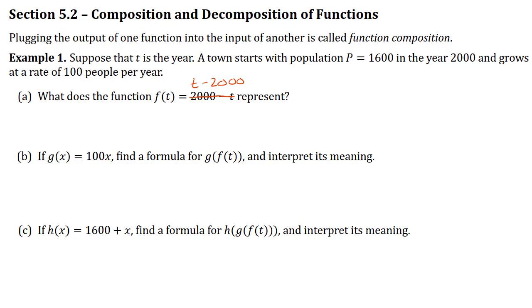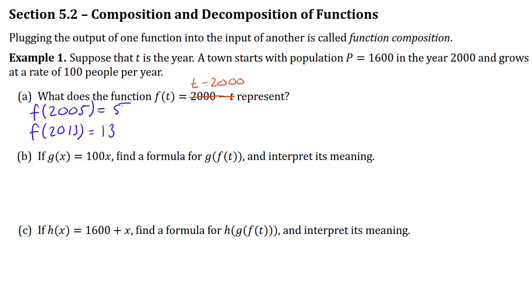Well, let's just try some values really quick. If you do f of, I don't know, 2005, I'm just going to pick a year, you're going to get 2005 minus 2000 is 5. If you do f of 2013, you're going to get 2013 minus 2000 is 13.